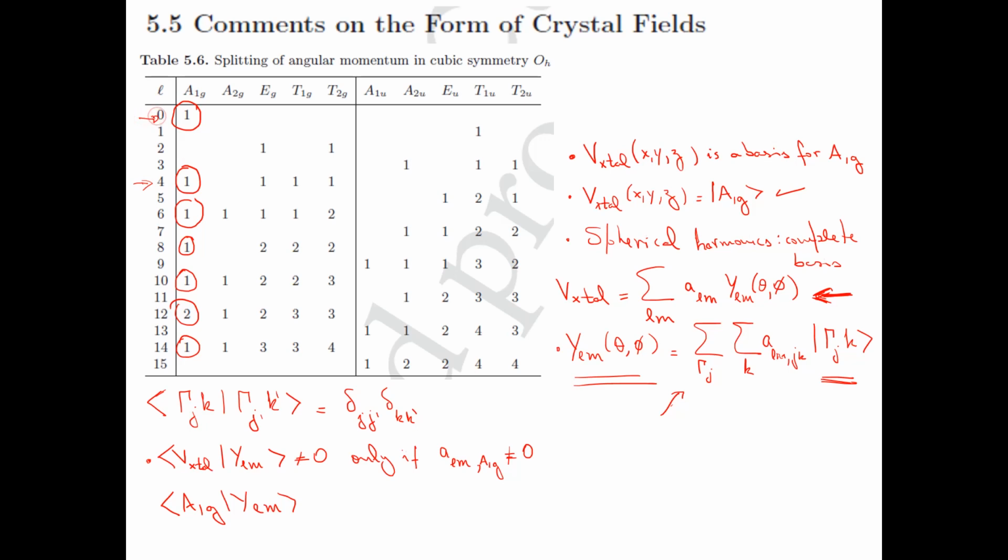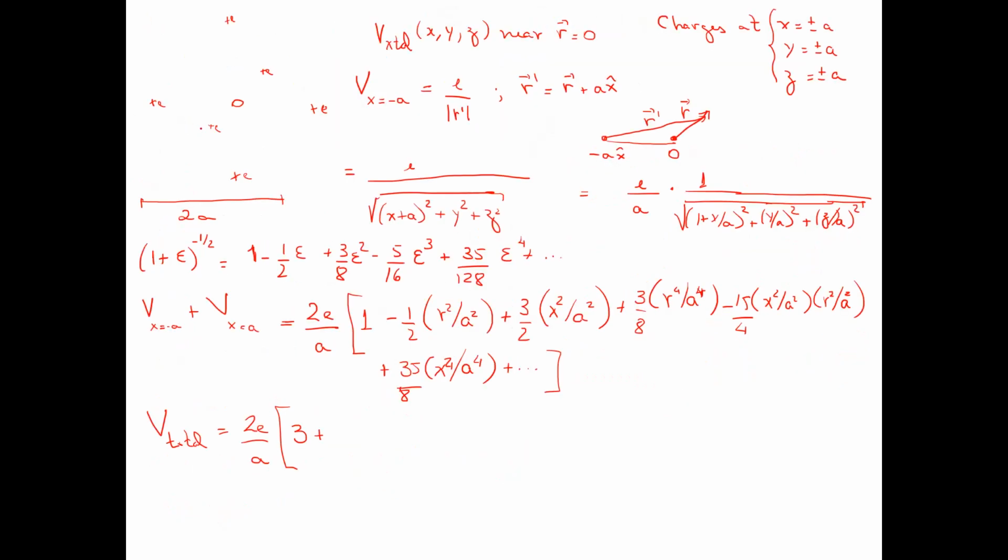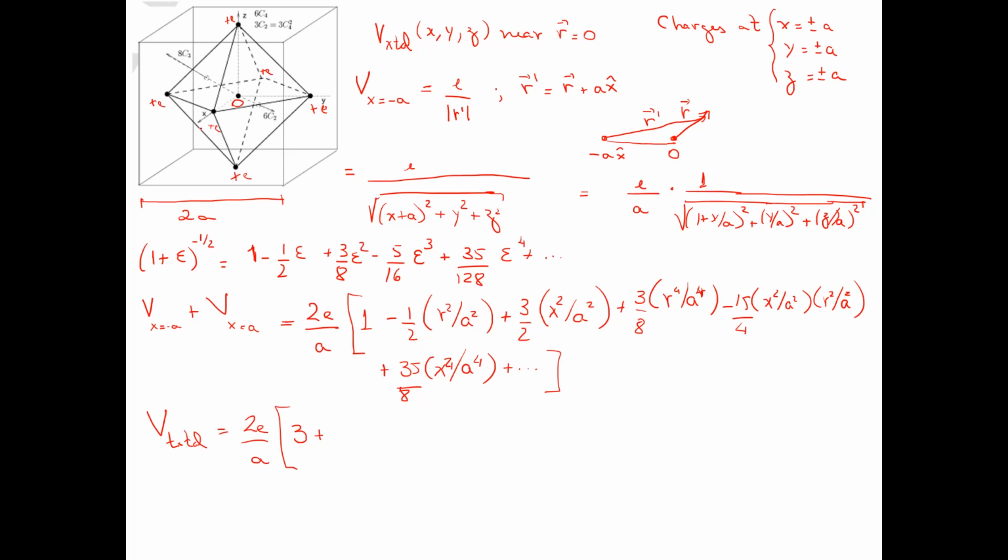The contribution from L equals 0, this constant, plus the next term that survives, 35 divided by 8a to the fourth, times x to the 4 plus y to the 4 plus z to the 4.